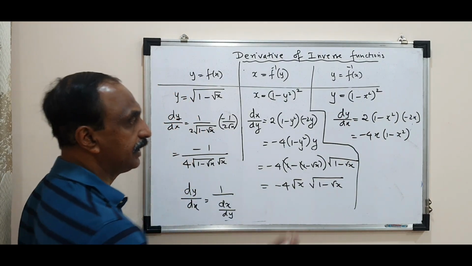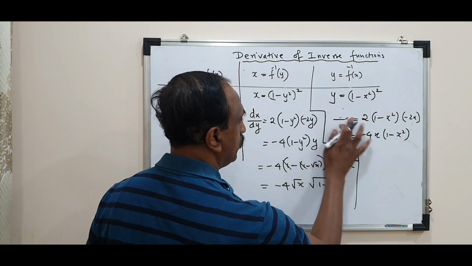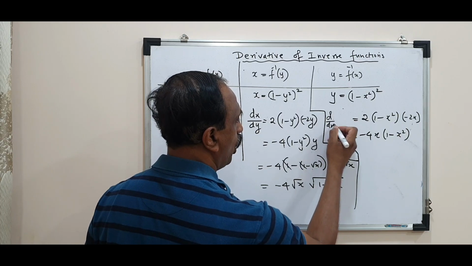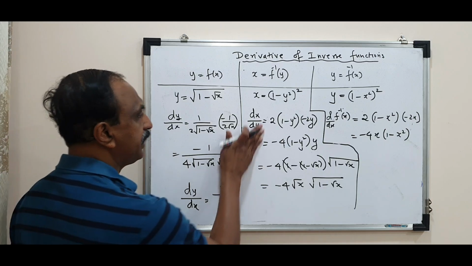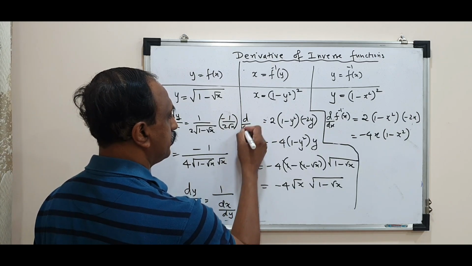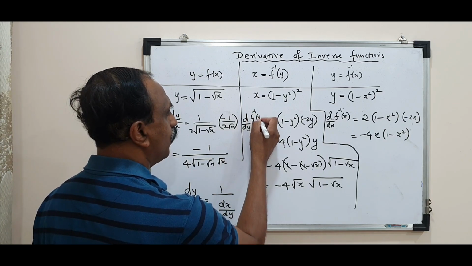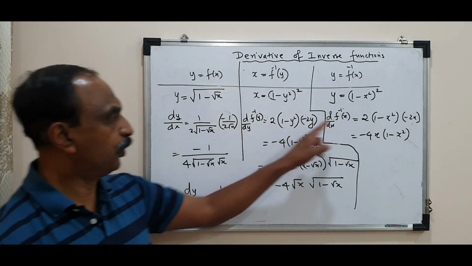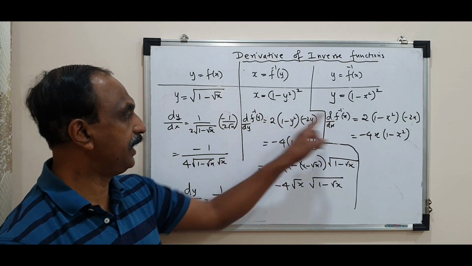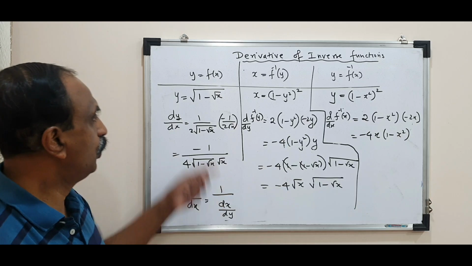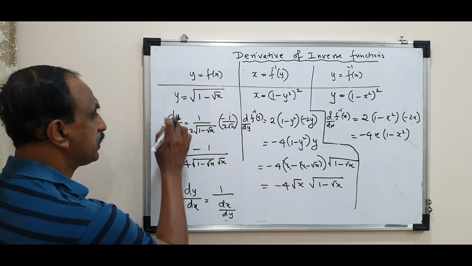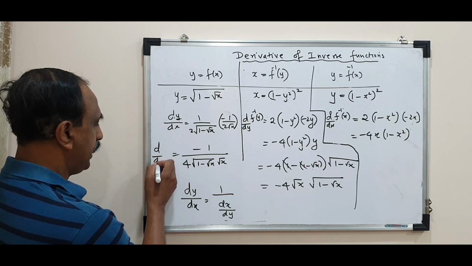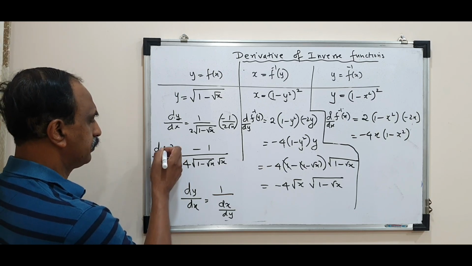So what all things have I done here? I will write this as d by dx of f inverse x. This is d by dy of f inverse y. So both of them will be the same. If you replace y by x, you will get this. So if you differentiate y with respect to x, that is nothing but d by dx of f of x.